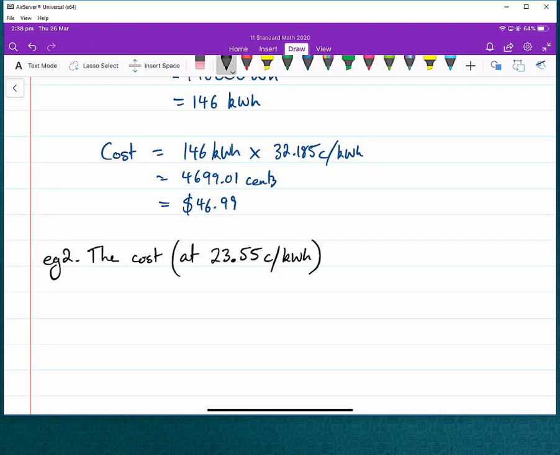Okay, so the cost of your fridge running for a year, okay, if it uses, let's have a look and see. If it uses, where's my calculator?